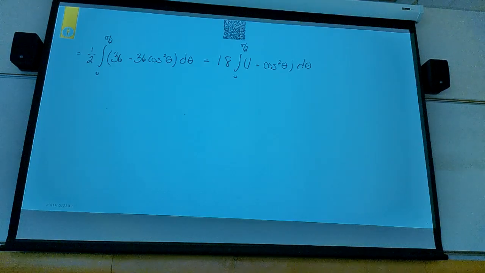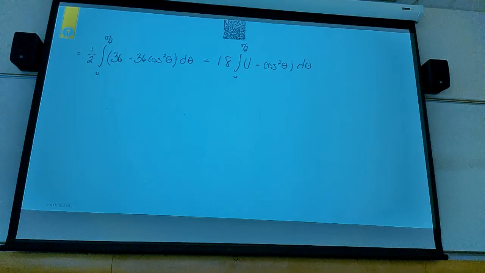How would you go about evaluating that? Not negative sine squared, that's positive sine squared.